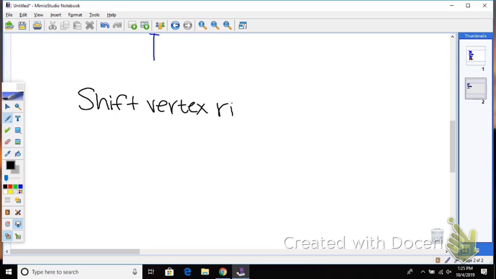We're going to go right 4 and up 3. Our slope is staying the same. So the width of the graph is exactly the same. So we're going to shift this vertex right 4 and up 3. And we're going to write an equation for that. Okay, so try on your paper if you can.